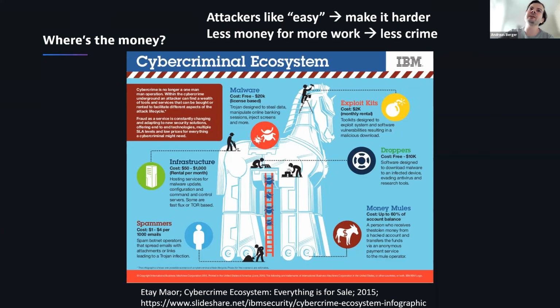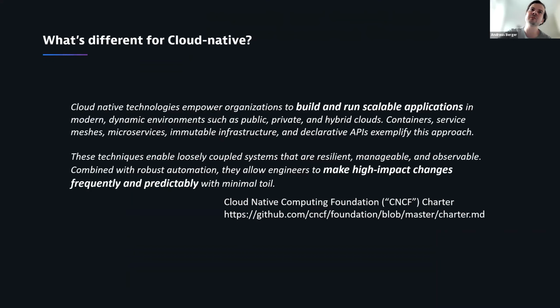So moving on here. This is a very standard model of how cybercrime works. But what does that have to do with cloud native in particular? In order to explore that, we first need to understand what cloud native is. And I think every one of us has their own definition in mind.